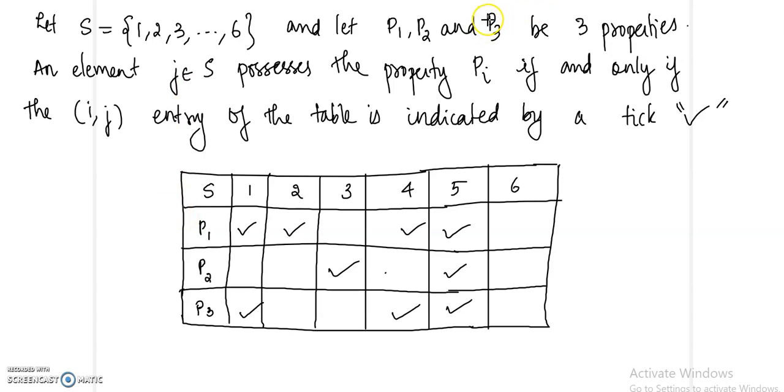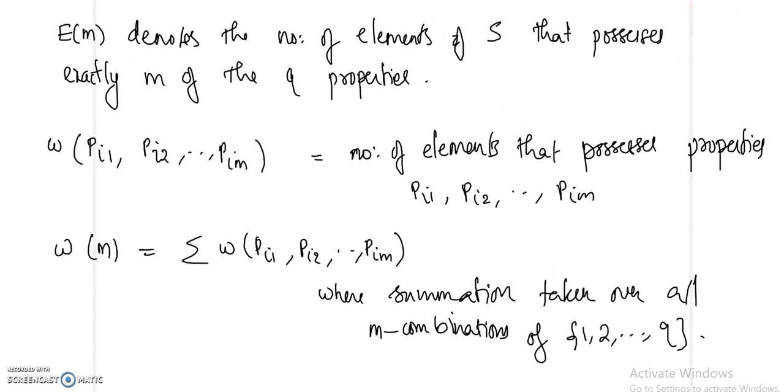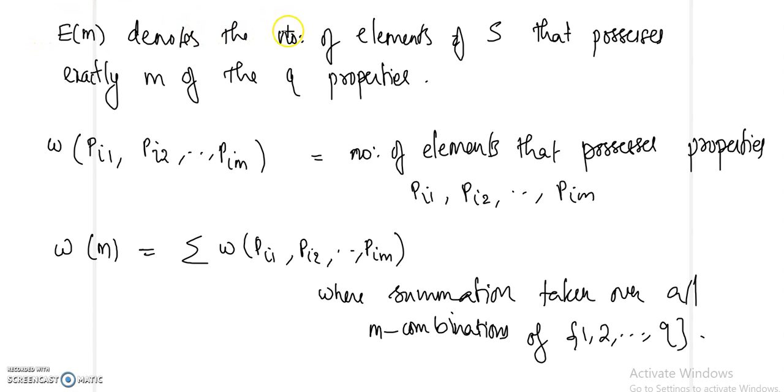So let us look at the values of E of M first of all. E of M denotes the number of elements that possess exactly M of the q properties. So there are three properties. So let us find out the value of E of 0, E of 1, E of 2, and E of 3.